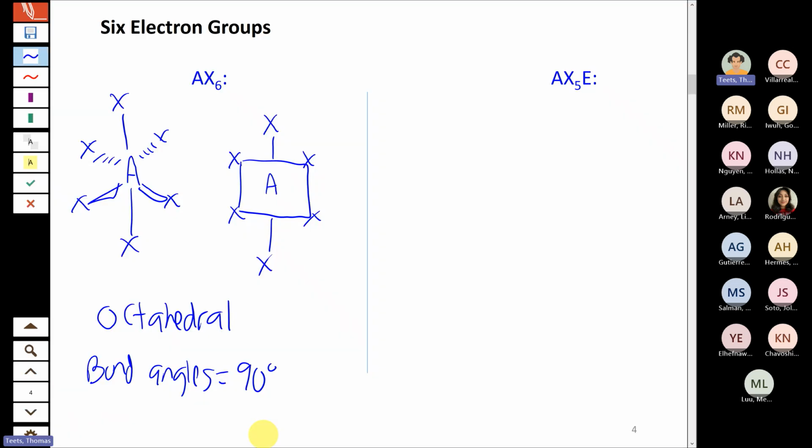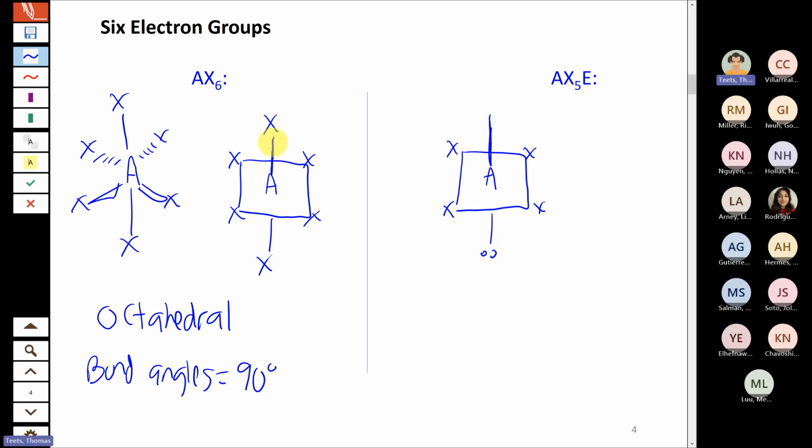All right, so the way we can draw that, I don't know which of these forms you like better, but if we draw it as a square to emphasize that, it doesn't matter which of those 6 positions has the lone pair, but it makes it most obvious what the geometry is called if we put it at the bottom. That's not behind.